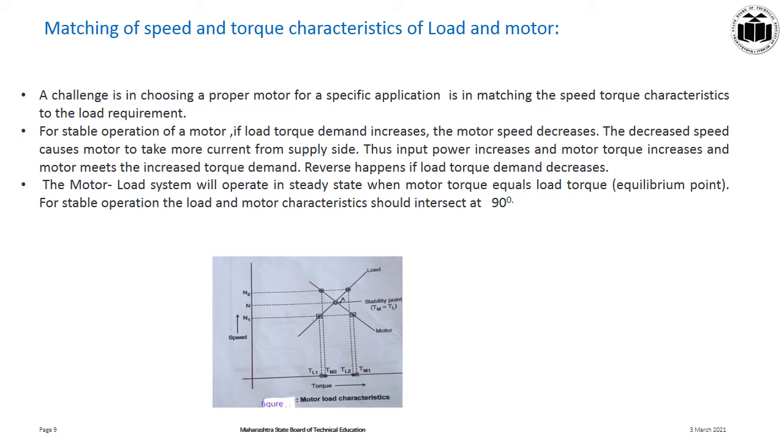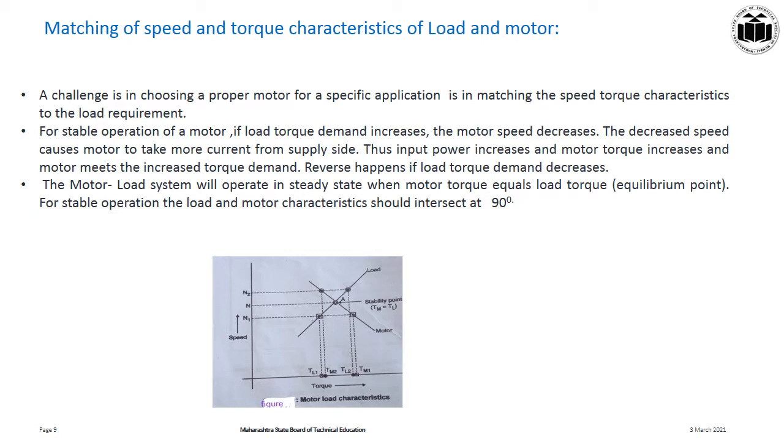The decreased speed causes motor to take more current from the supply. So the input power increases and motor torque increases, and motor meets the increased torque demand, and of course reverse will happen if the load torque demand decreases.